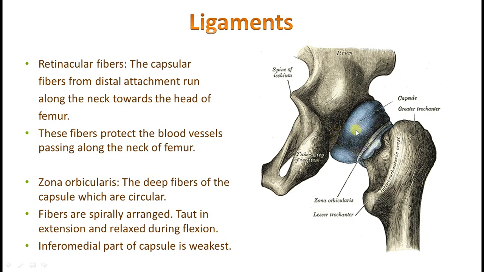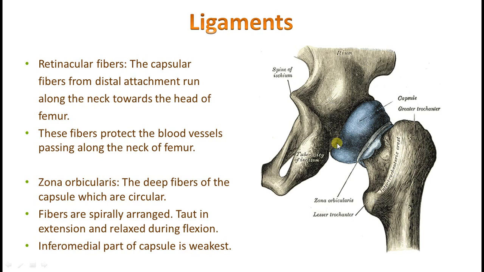Second thing is, if there is a tear in the capsule, the joint does not dislocate very easily, because half of the sphere is present inside the cup, and the acetabular labrum and the capsule merge and fuse.